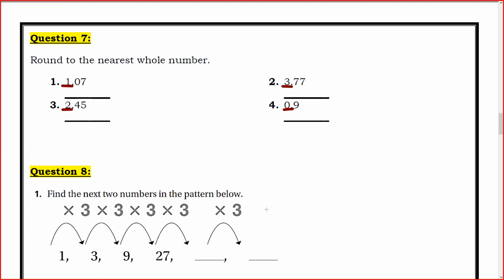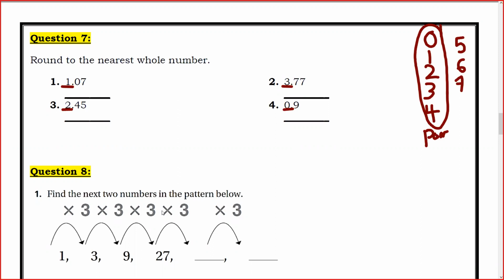The first one now. What do we have here? We have number 1. I look at the number that is before number 1, which is what? 0. And as I told you before, 0, 1, 2, 3, 4 are poor numbers. 5, 6, 7, 8, 9 are rich numbers.